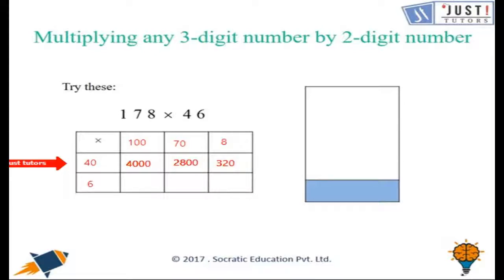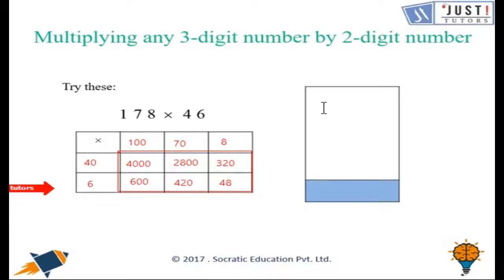Then we will do the ones column. So 6 times 100 makes 600. 6 times 70 is 420. And 6 times 8 is 48. And the next step is to add all of them together.